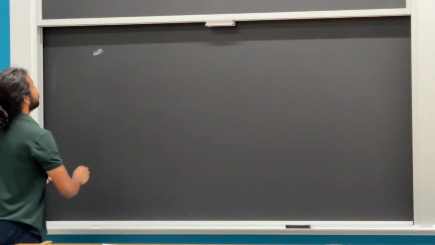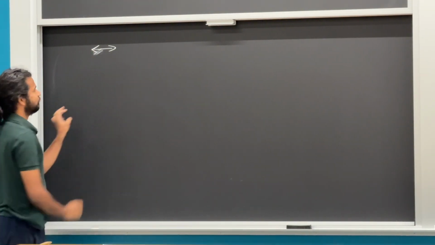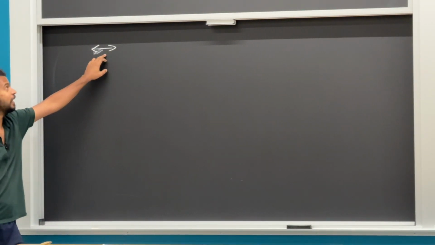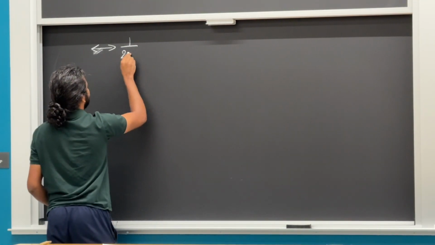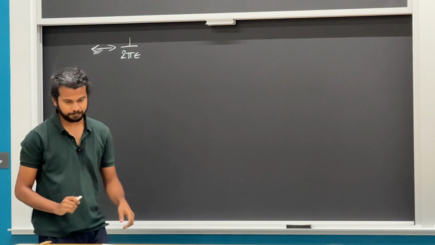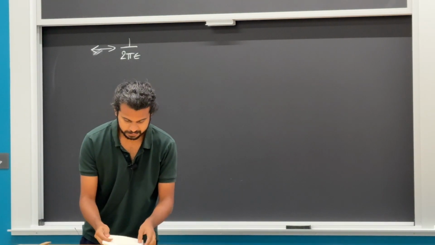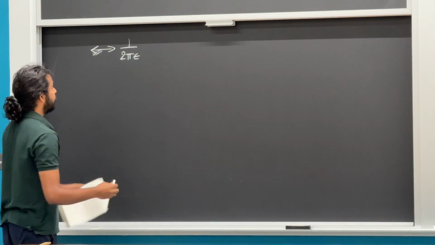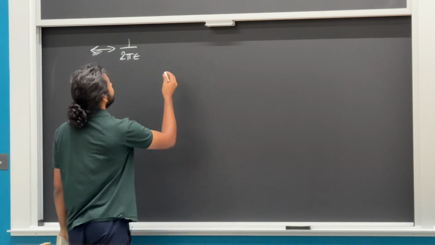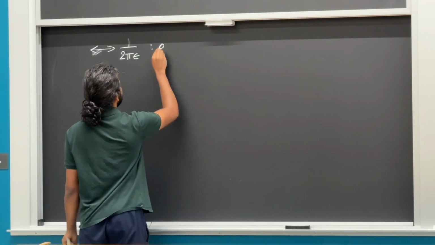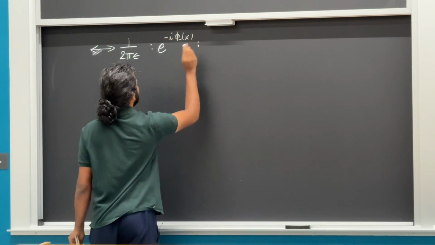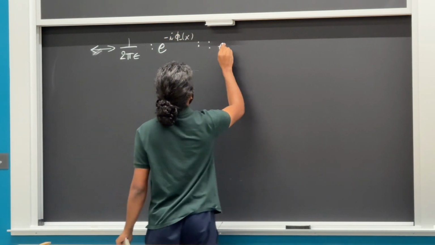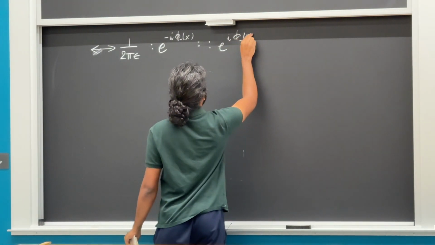So let's bosonize that. Under the bosonization map, using this arrow, we will get 1 by 2 pi epsilon, and remember psi minus was e to the i phi minus, so we would have e to the minus i phi minus at x times e to the i phi minus at y.